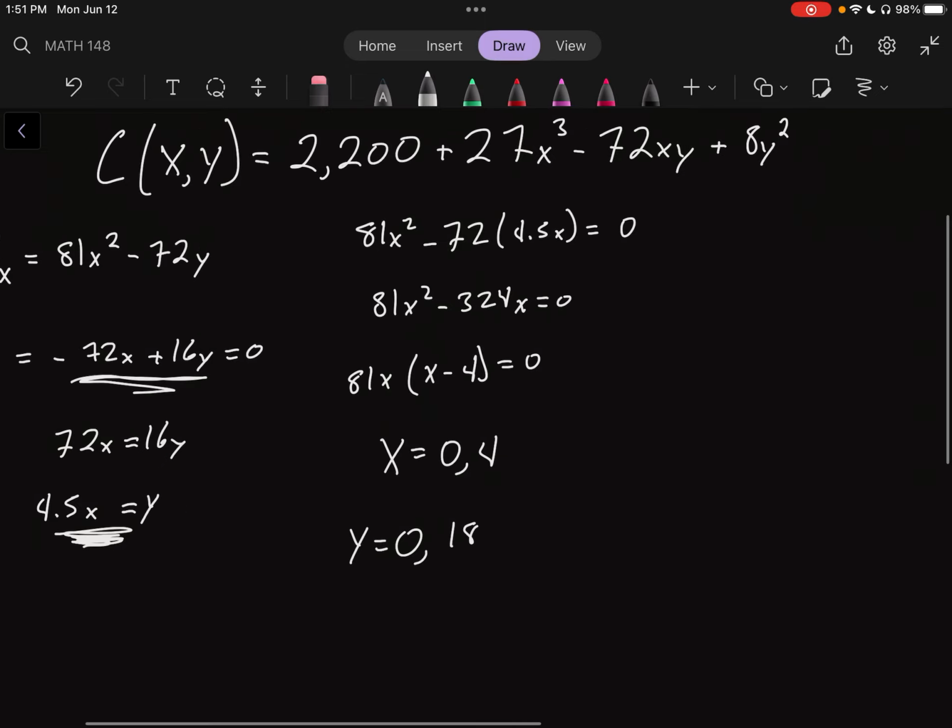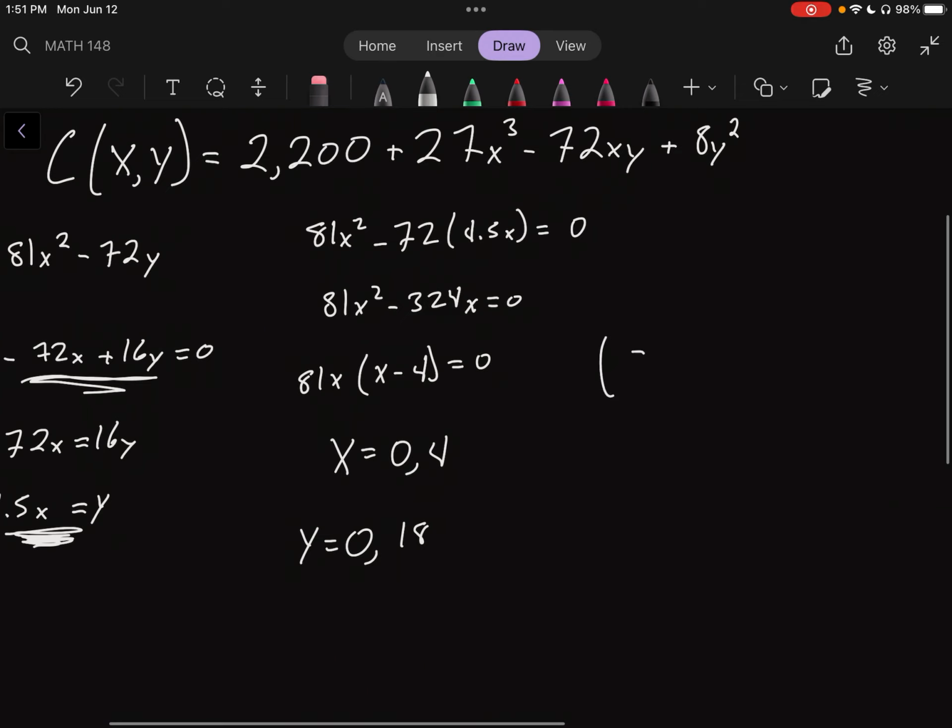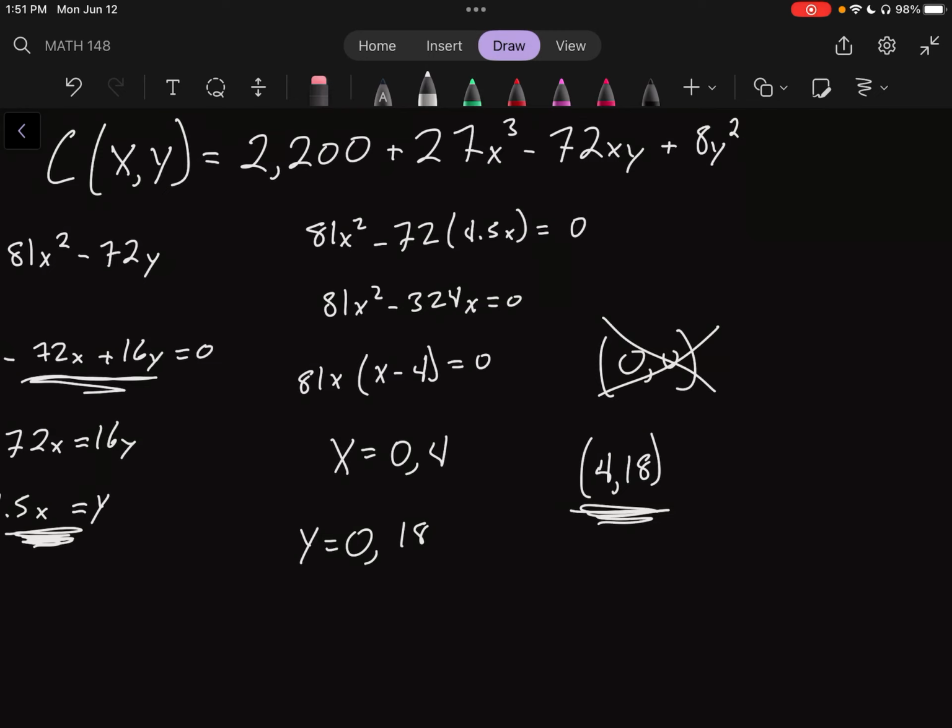So we have two critical points here, (0, 0) and (4, 18). Now obviously (0, 0) can't be a minimum point, so we take that out. So what we're left with is (4, 18).